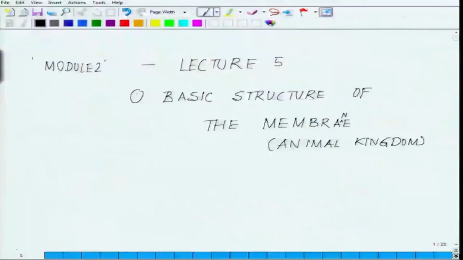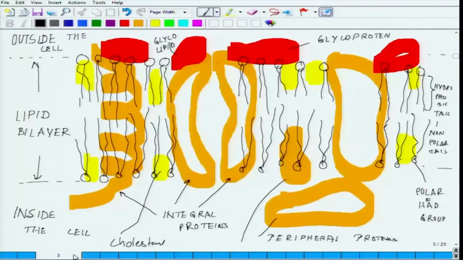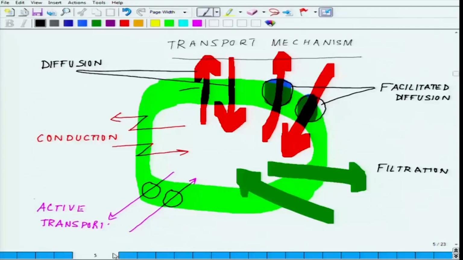So, what we essentially did today is we introduced ourselves to the structure of the membrane. From there, we moved on to talk about the characteristics of the membrane, and then we talked about the different transport phenomena which are involved across the membrane.